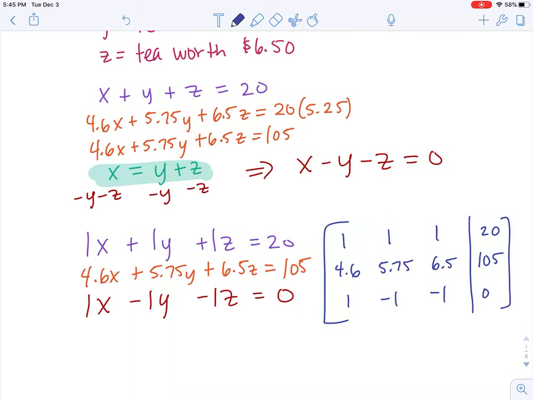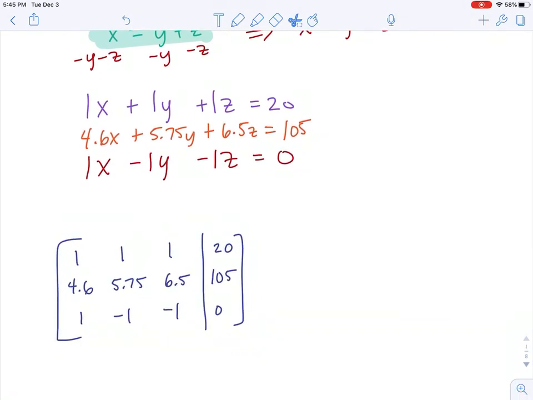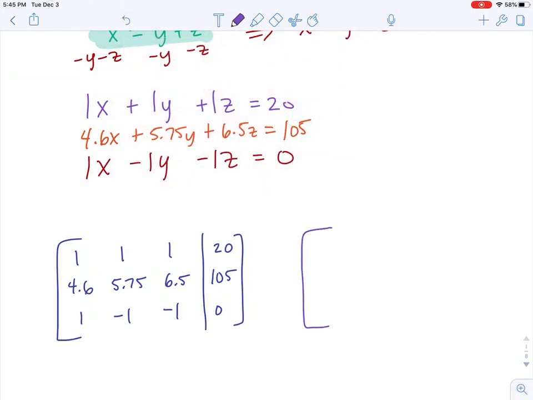So this is our matrix. And what we want to do now is solve this matrix using the Gauss-Jordan method, or the Jordan-Gauss method, whichever one it was. So I'm going to move this down here, and I want us to see what we're going to try to get this to look like.